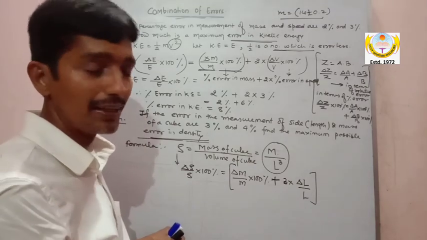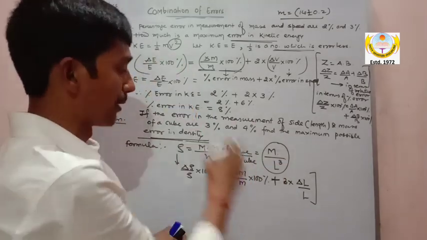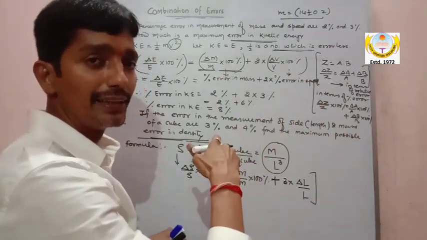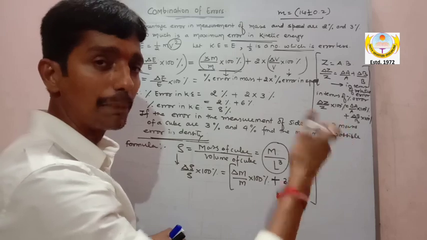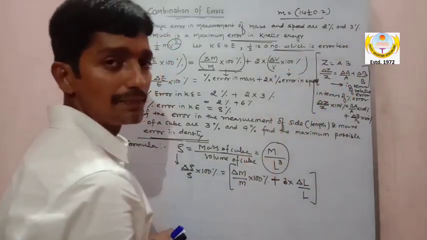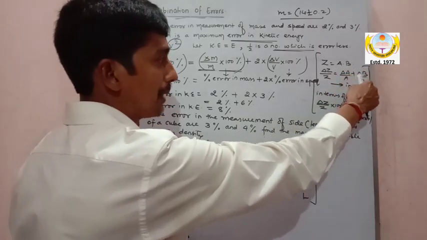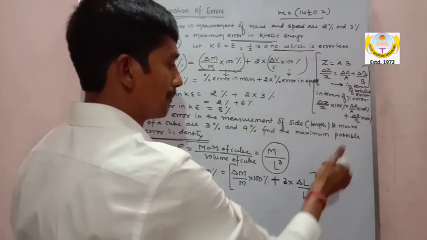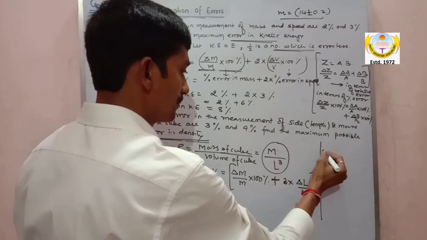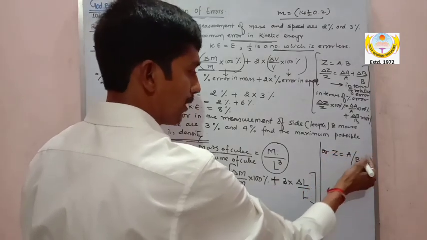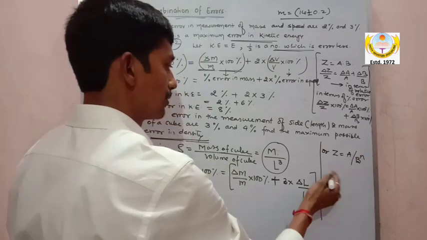Look at my theory. Whether it is division or product, the relative error in Z is equal to relative error in A plus relative error in B. That is delta Z by Z is equal to delta A by A plus delta B by B, whether it is A into B or Z is equal to A by B. But A by B along with power n, what will be the formula?